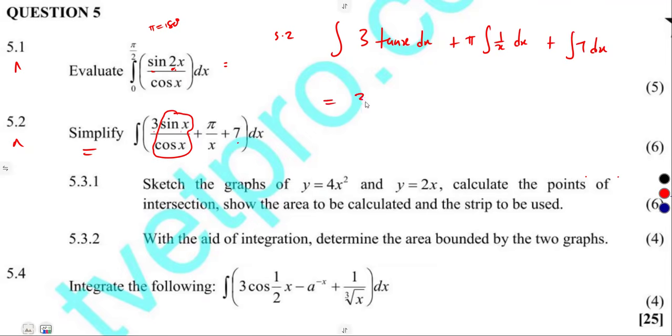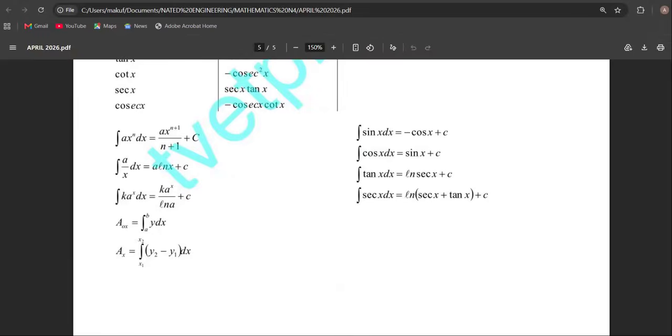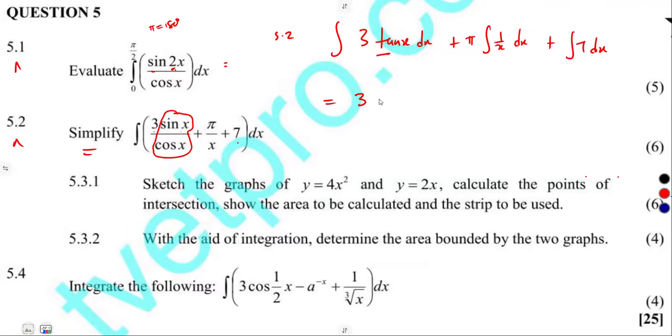So that is 3. The integral of tan is ln sec of x. We have it from a formula sheet. So that's 3 ln sec x, plus pi times the integral of 1 over x.